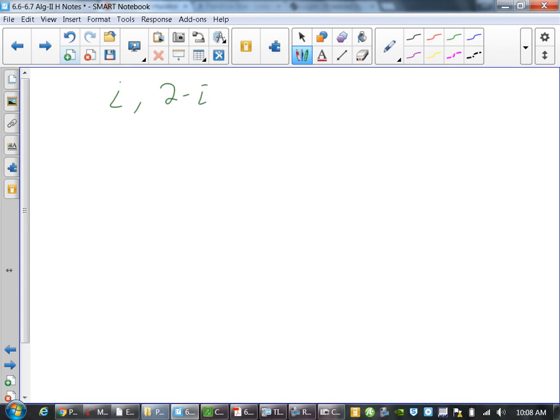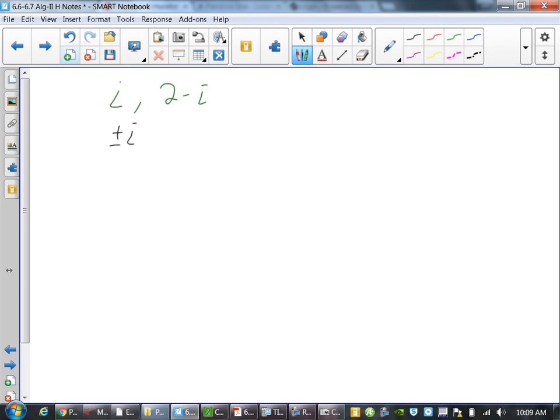Let's say those are the two zeros they give you. They give you i and 2 minus i. Well, if they give you i, what else has to be there? Negative i. So that means right off the bat, we know that this is going to be plus or minus i. And we know what that term is, right? What will be the term?